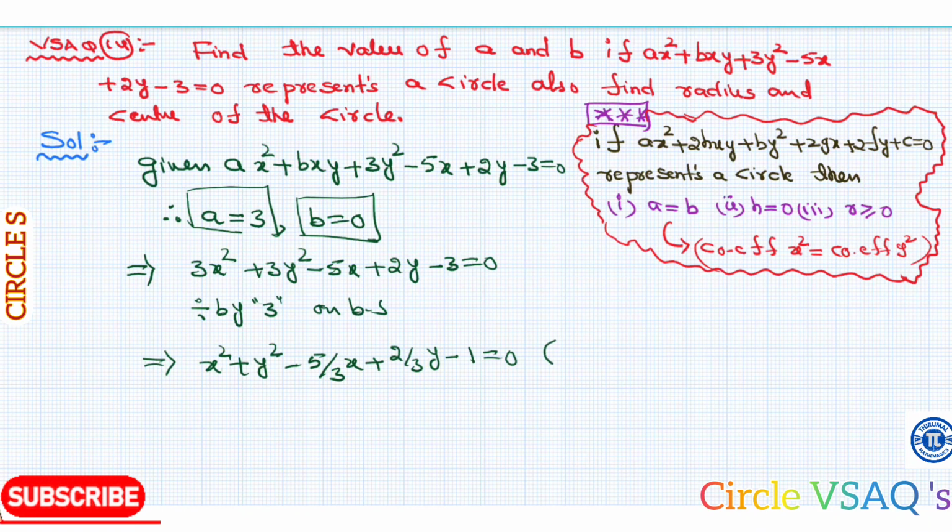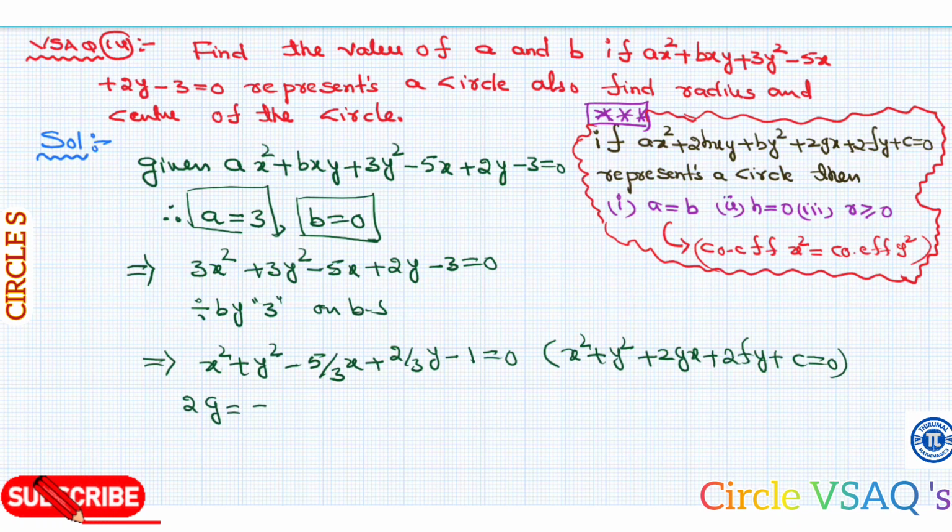Now equating with the general form of the circle, x² + y² + 2gx + 2fy + c = 0, we get 2g = −5/3 and 2f = 2/3.